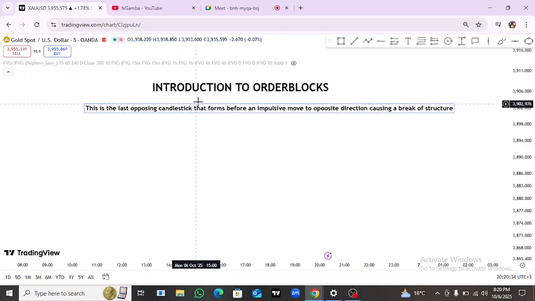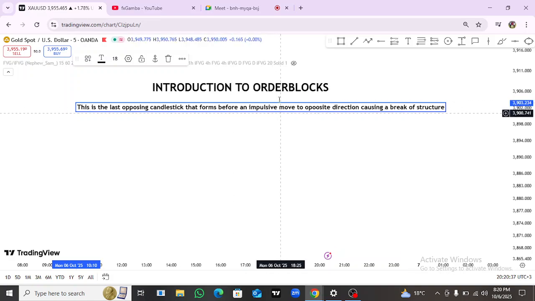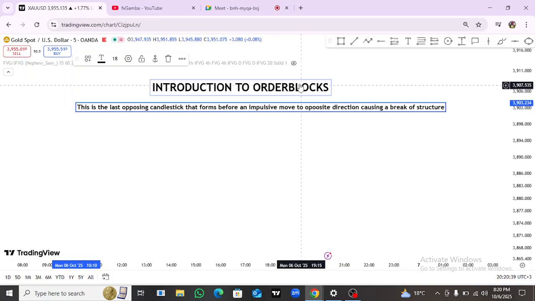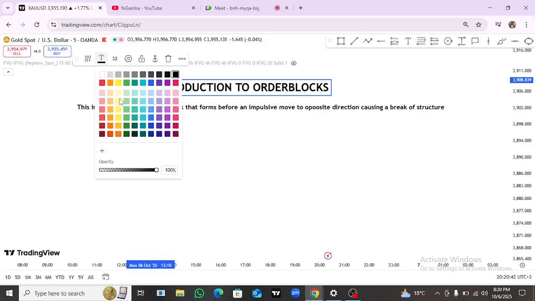So what do I mean by this? This is the last opposing candlestick that forms before an impulsive move to the opposite direction, causing a break of structure. Let me just demonstrate that.